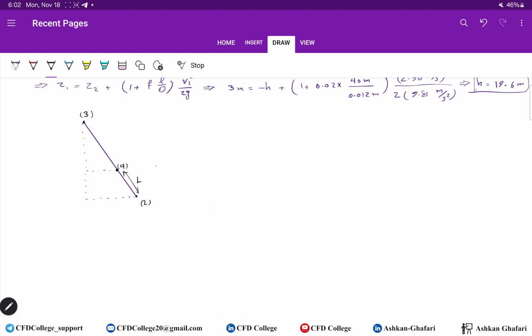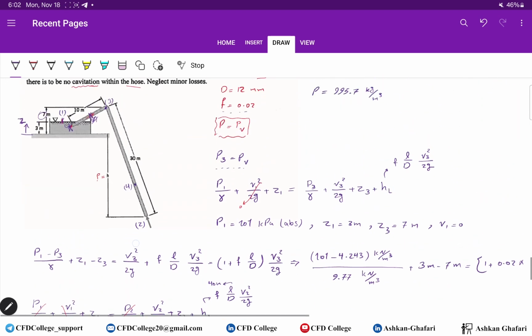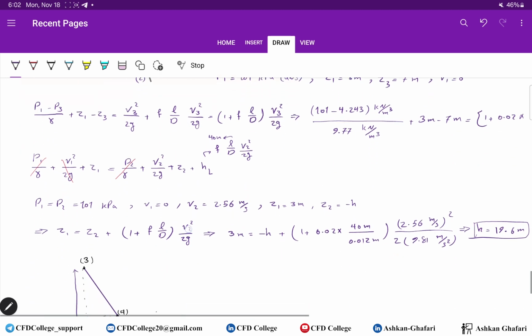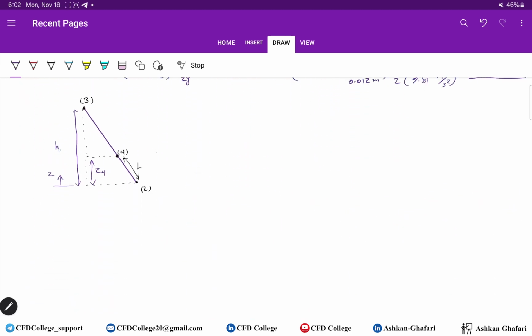So if we put z-axis here, this is z4, and this is h plus 7 meters.